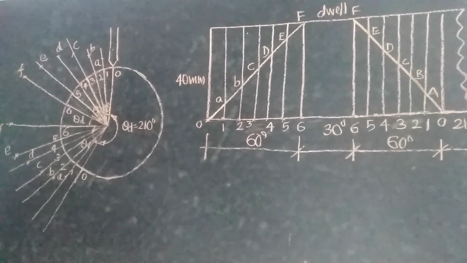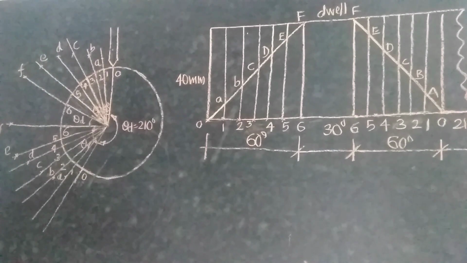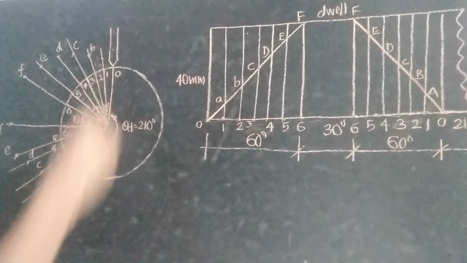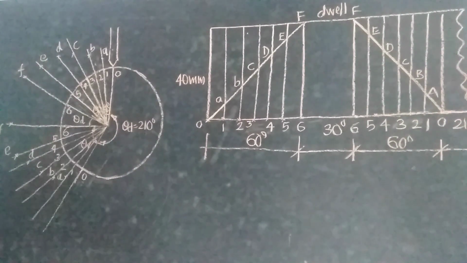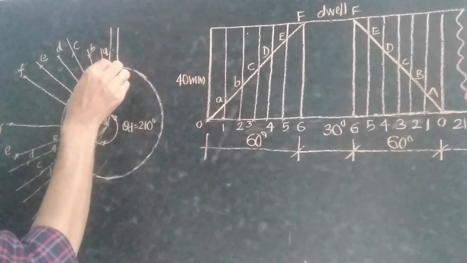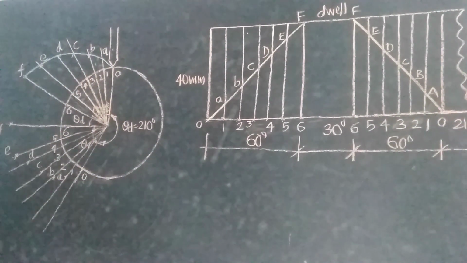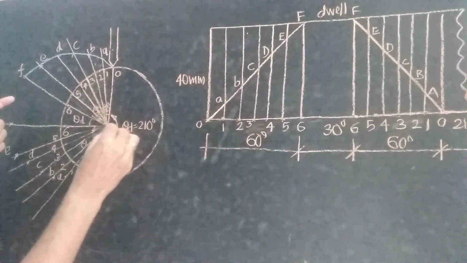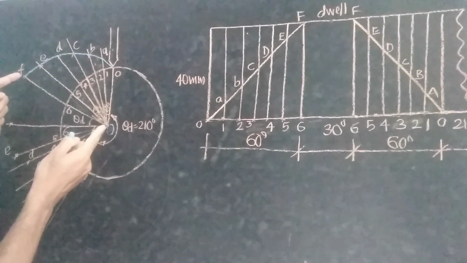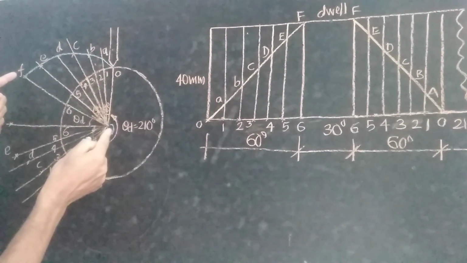Then we can draw the cam profile by using a different pencil, or we can use a thick line to represent the cam profile. Here the cam profile is a curve connecting 0, A, B, C, D, E and F. Then this point is represented as capital O. Then the radius of the curve during this dwell period motion is equal to CF.